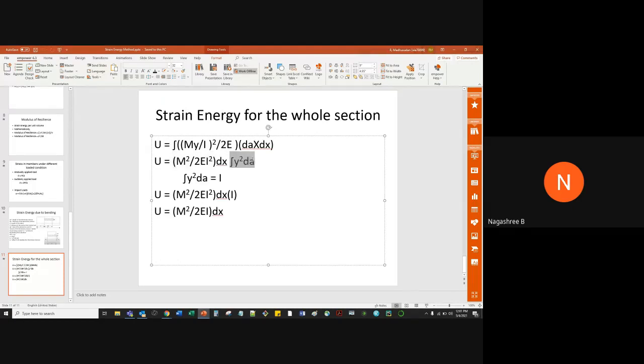If you integrate y square dA from 0 to A, that is nothing but the moment of inertia. So the remaining part is the integration, and you write it as the integral from 0 to L of M square dx divided by 2EI.